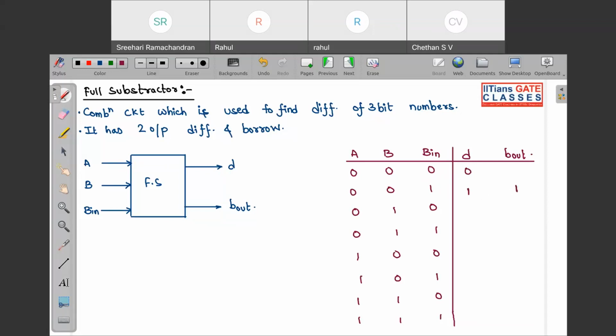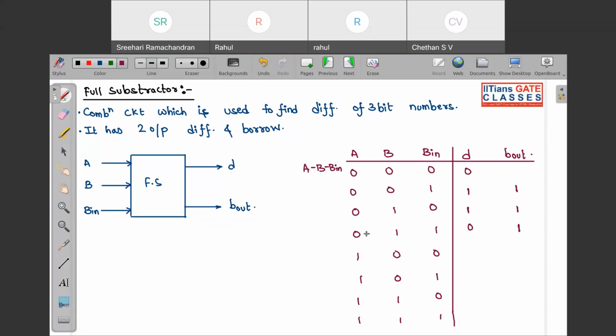B out will also be 1. Here I am doing A minus B in, remember. So this will be 1, even this will be 1. Over here you will have difference as 0 and borrow will be 1.